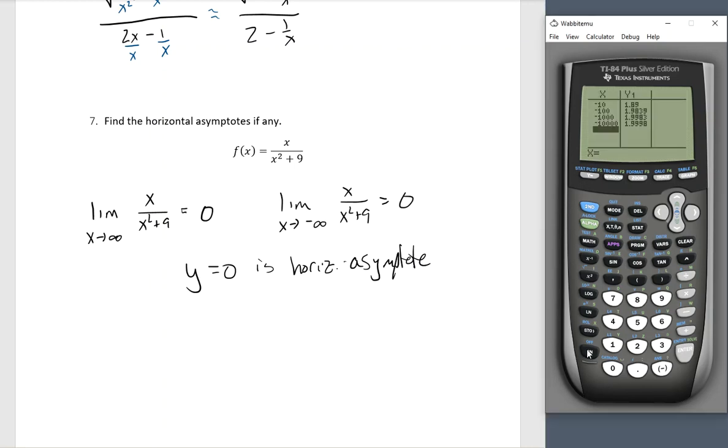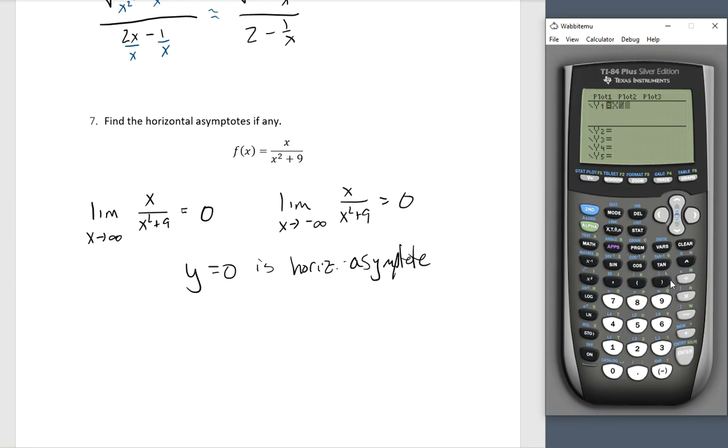And we can check it out because, you know, we're curious people. x divided by x squared plus 9. Take a look at the graph. Ooh, that's ugly. Let's go ahead and zoom in.